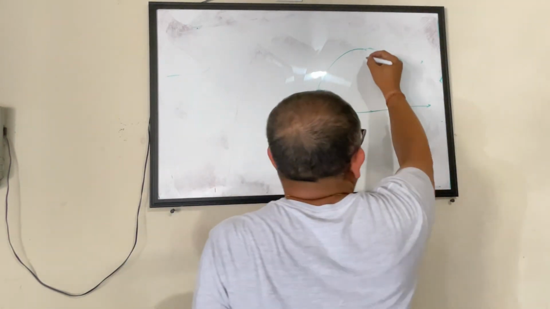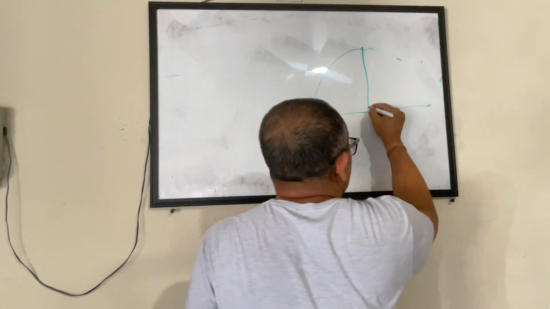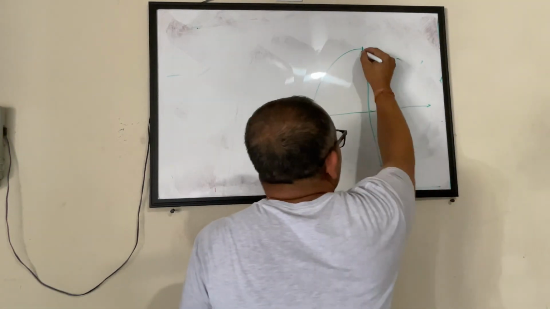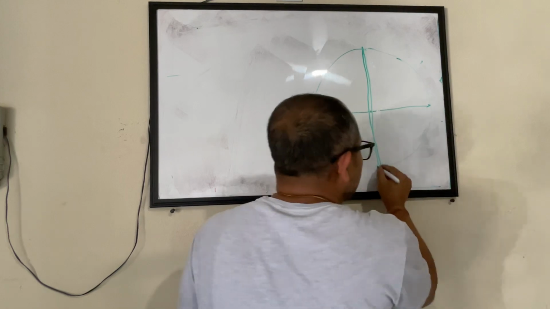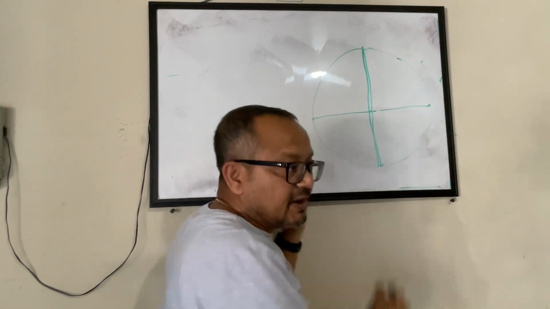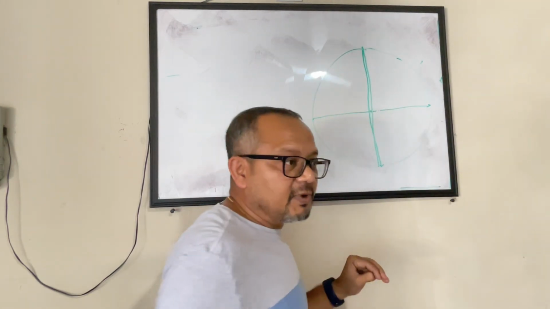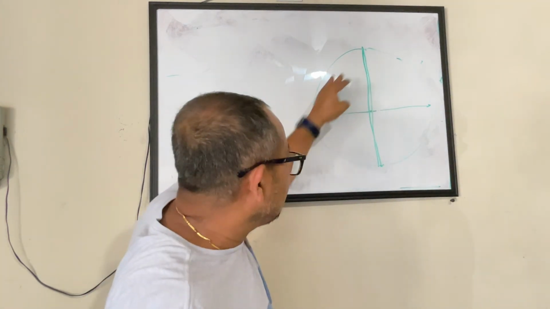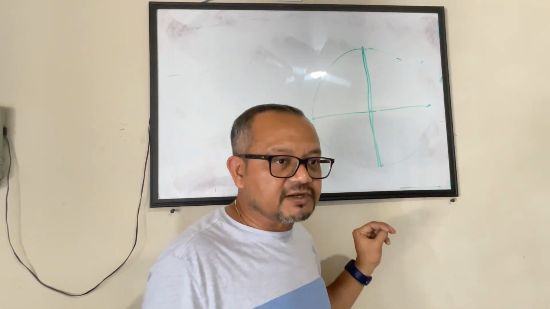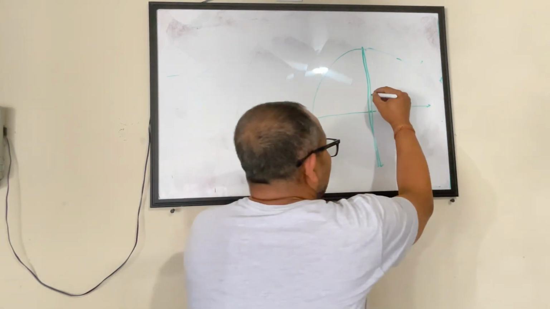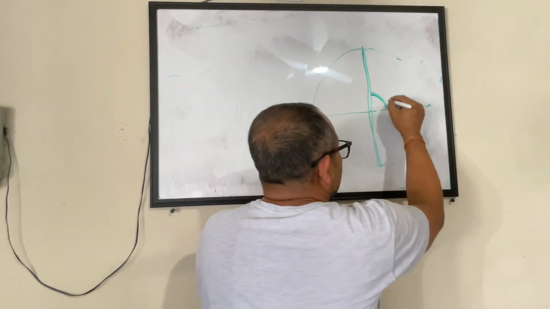Now let's have more fun with the circle. Let's draw another line which is perpendicular to this diameter, okay, and divide this into 4 equal parts. Now this circle has been divided into 4 equal parts, where if you look at this portion, this is 90 degrees.